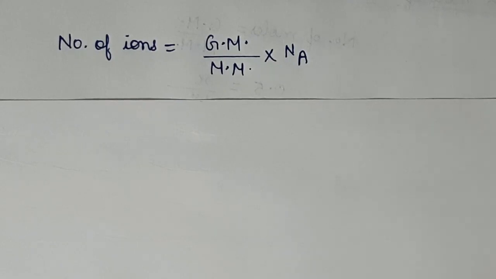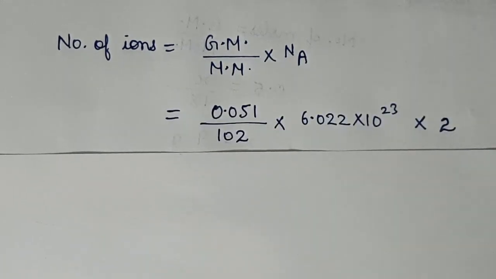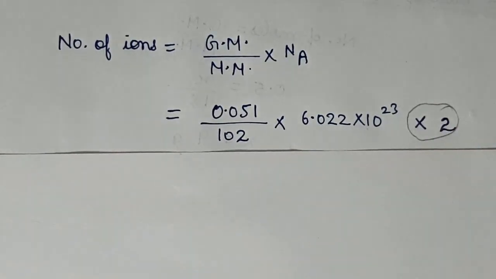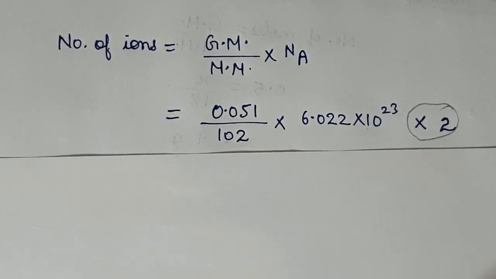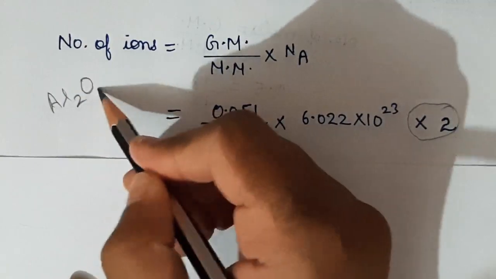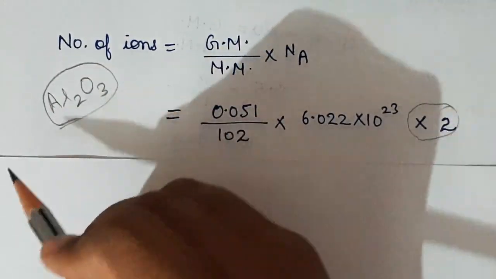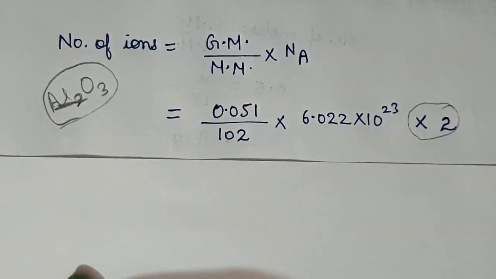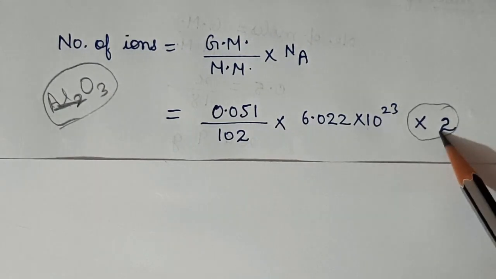So given mass is given, that is 0.051 gram. So 0.051 divided by molar mass you have calculated right now, that is 102, into Avogadro's number. Now why are we multiplying by 2 here? Because in the question it is asked, you have to calculate the number of aluminium ions. Okay. In Al2O3, how many aluminium atoms are there? There are 2 aluminium atoms. Okay. So that's why we are multiplying by 2. Because we are asked for aluminium ions.